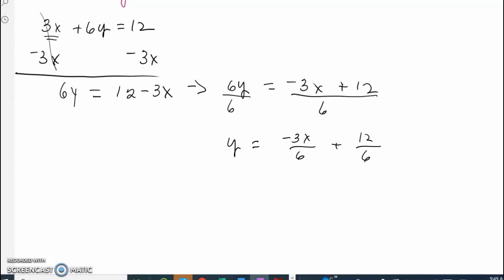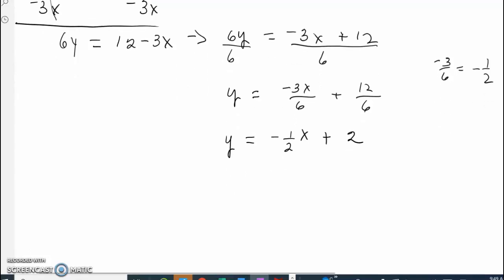All right, at this point, I strongly suggest we reduce our fractions. It turns out that negative 3 over 6 will equal negative 1/2. So our m is negative 1/2 x. Notice I put the x either on the side or on the top, plus 12 divided by 6 is 2.